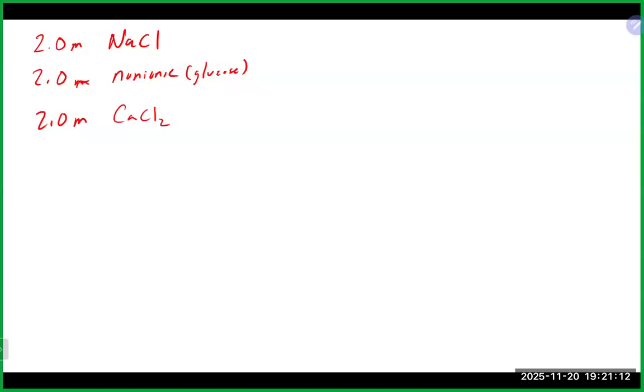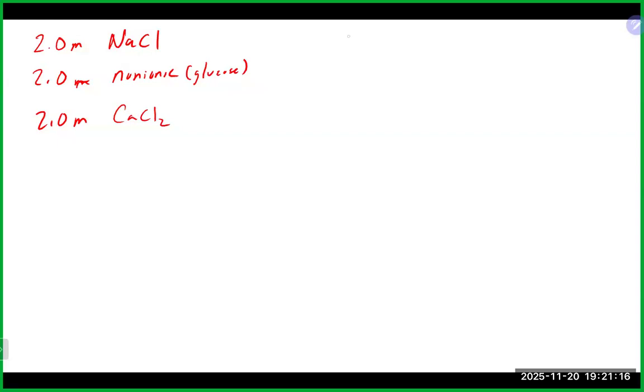So, for example, if we take a look at a 2 molal sodium chloride solution versus a 2 molal non-ionic solute solution, like sugar or glucose, or a 2 molal aqueous solution of calcium chloride, they all have the same molality in this case.